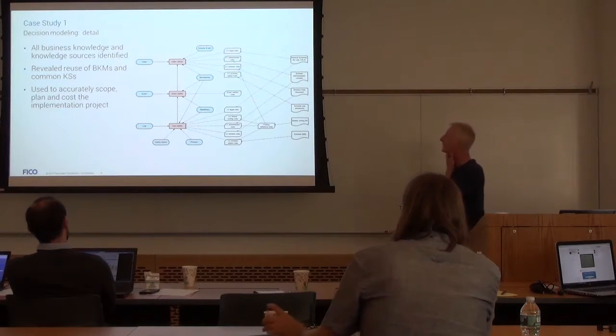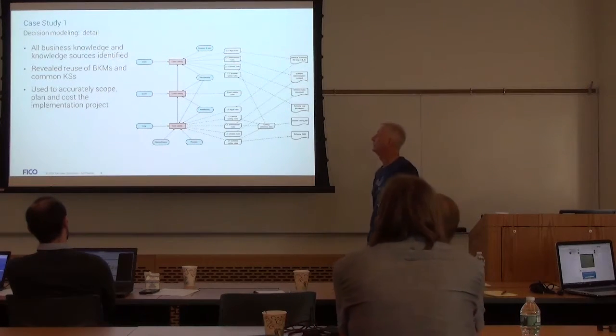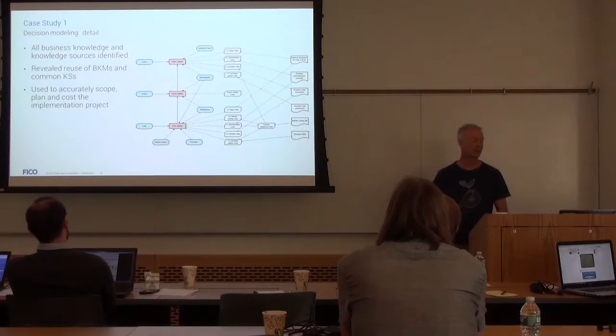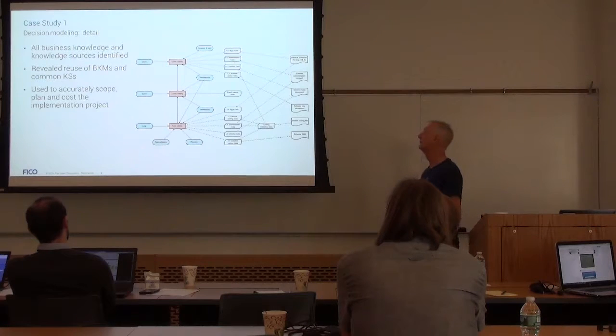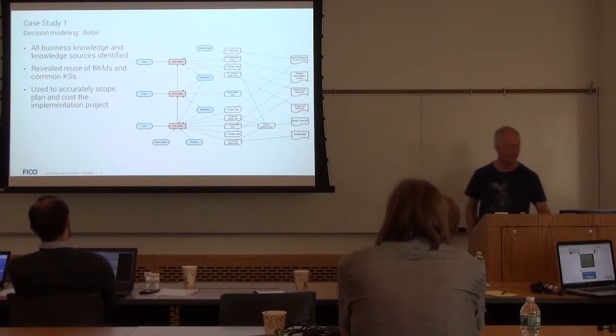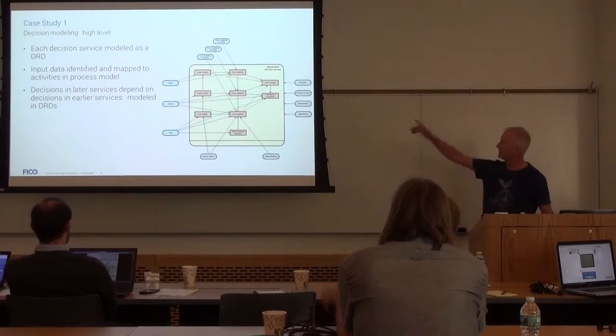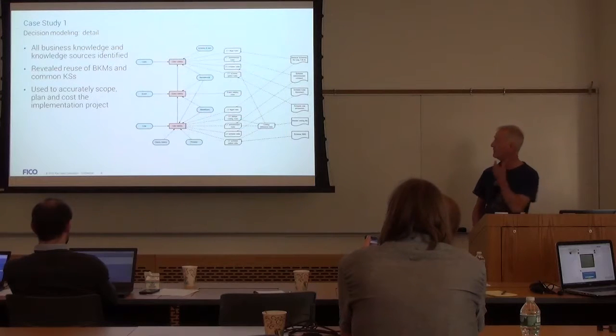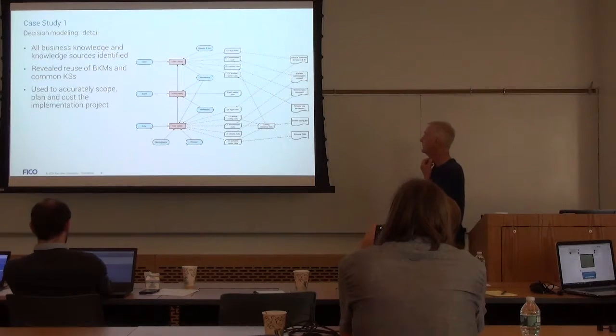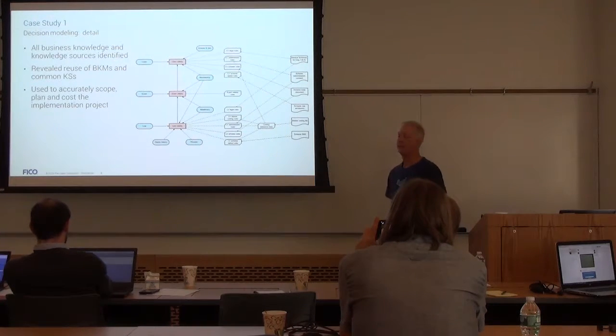We then took that down a level, and we looked at all the business knowledge and the knowledge sources required. So what areas of rules were there for making each of these decisions? I've taken here just the left-hand column of decisions, showing you the sort of detail that's behind it. We've got these various areas of rules which come from different areas of business knowledge.